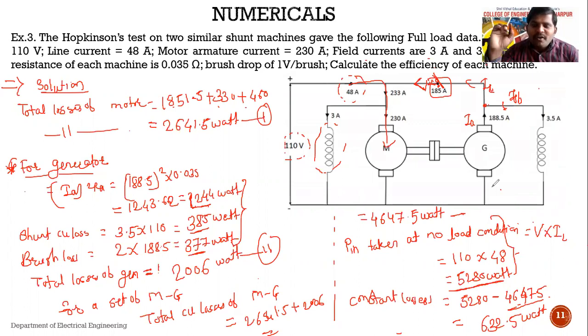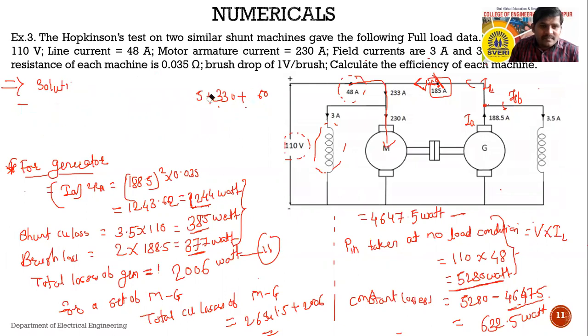Okay, so if we want to calculate the constant losses of individual machine, just divide by 2. चला divide by 2 करा. That means I will rub here this side. See, constant losses of each machine or individual machine.